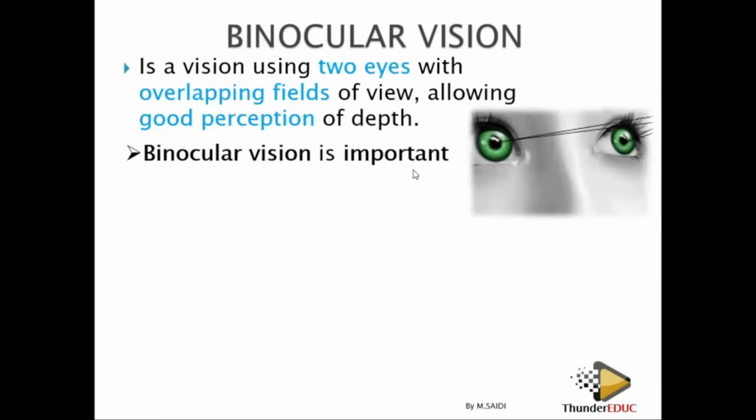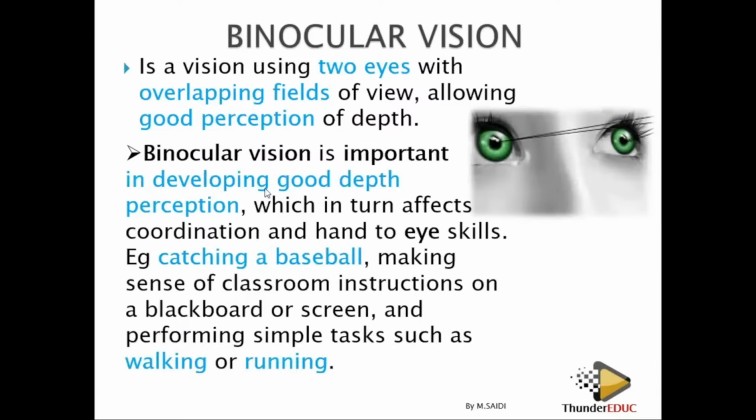So binocular vision is very important. It is very important in developing good perception, in developing good depth perception, which in turn affects coordination and hand-to-eye skill. If you close one eye and then try to aim at a target, for example a small hole, you won't be able to do it.